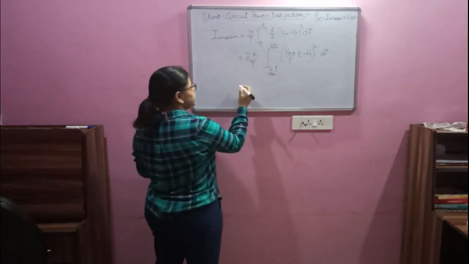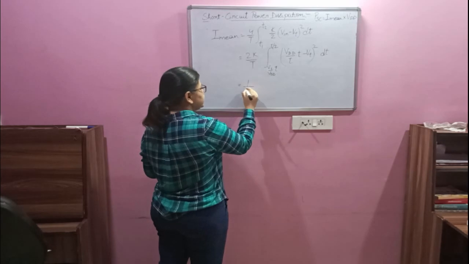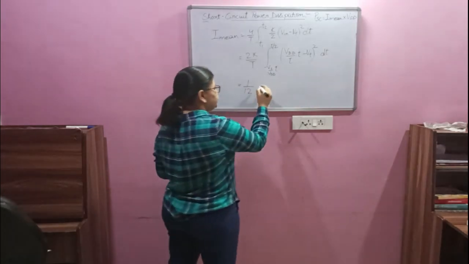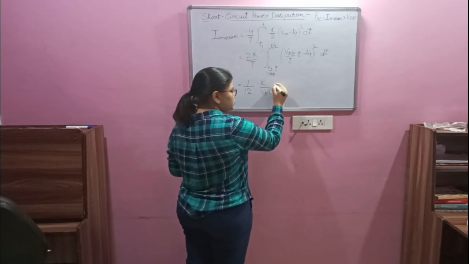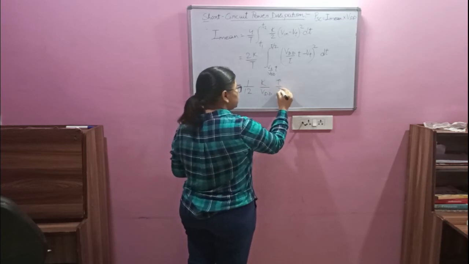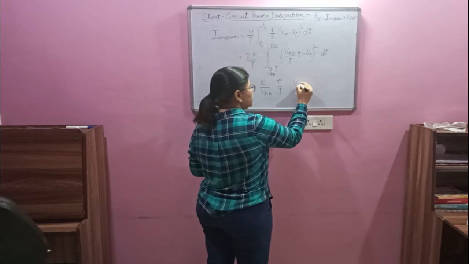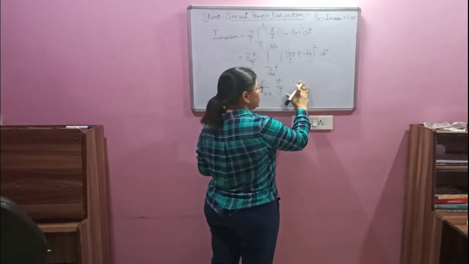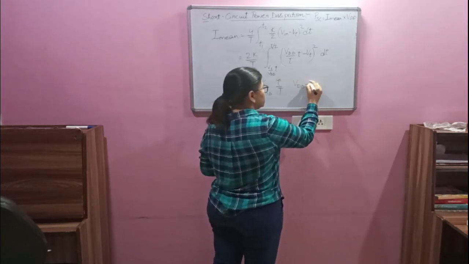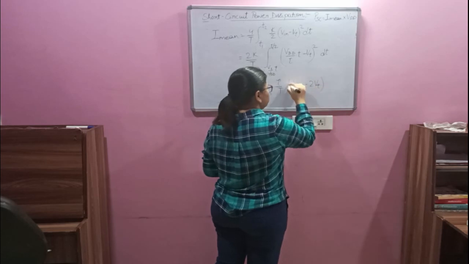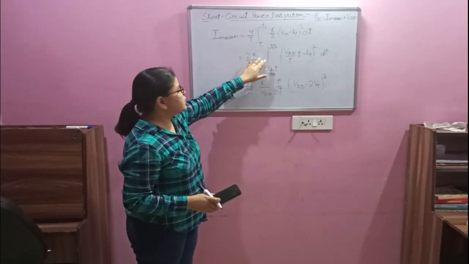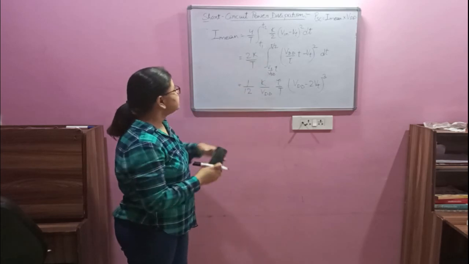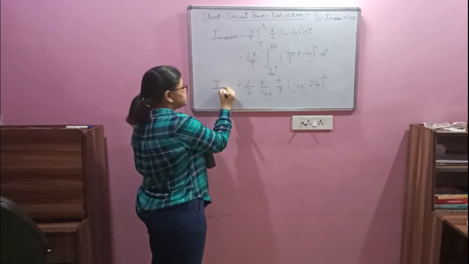After integrating this, we will get 1 by 12, K upon VDD into tau upon T, into VDD minus 2VT whole cube. So when you integrate this equation and place the limits into the equation, you will get the mean current as this.